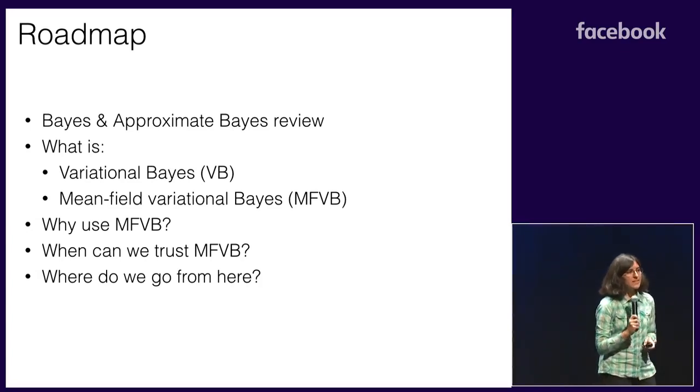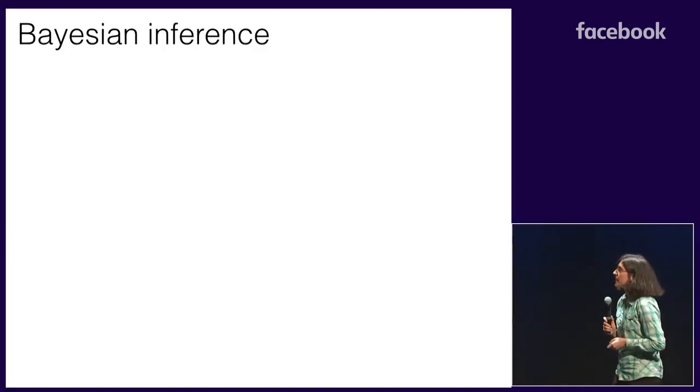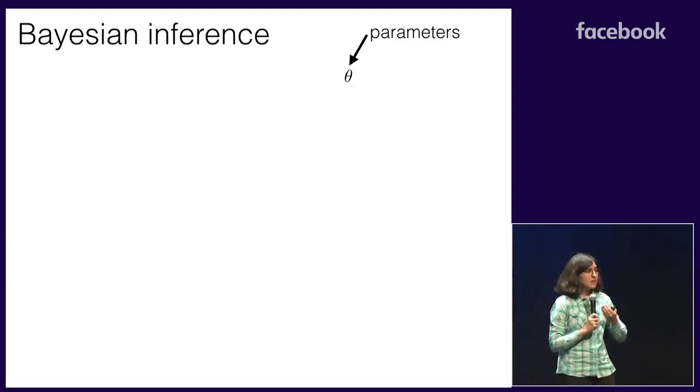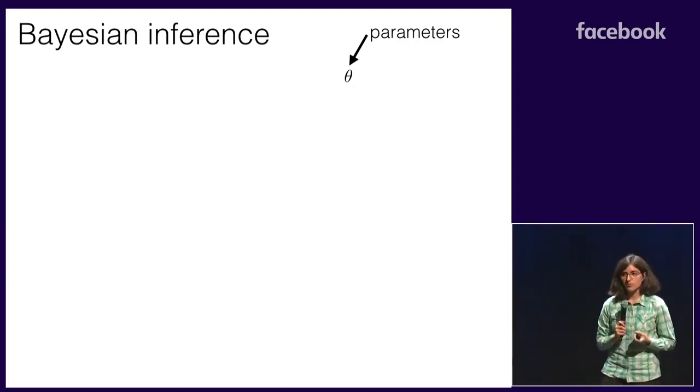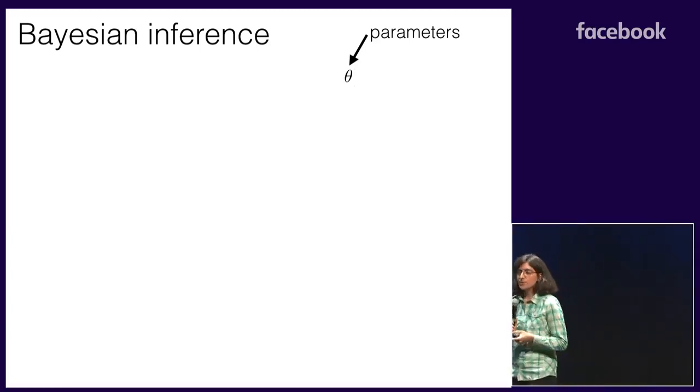So we're going to start, again, thinking about Bayesian inference. What is Bayesian inference, and what are we trying to do with Bayesian inference? Okay, so with Bayesian inference, the first thing that we want to identify is our unknowns, our parameters. These are the things that we're really interested in or we don't know about our problem. So for instance, let's think about that microcredit example from before.